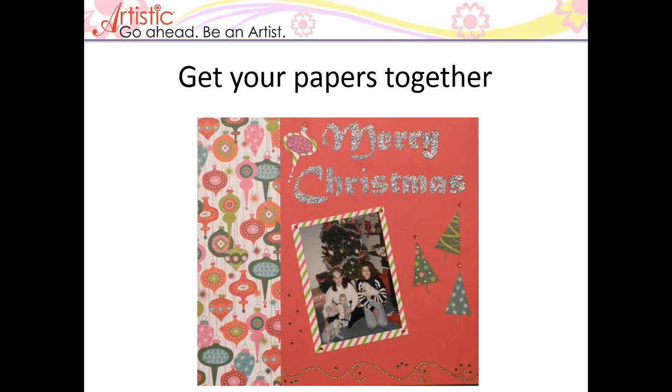So the striped paper, I cut a rectangle that was 4 inches by 5.5, and that gave me about 1/4 of an inch around my photograph, so it was kind of a frame doing it that way. And then I adhered my photo to that striped paper and set that aside until after I got some of the rest of the stuff done to put it all together with.